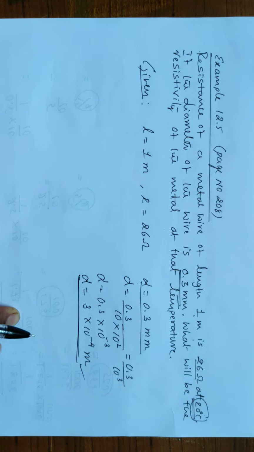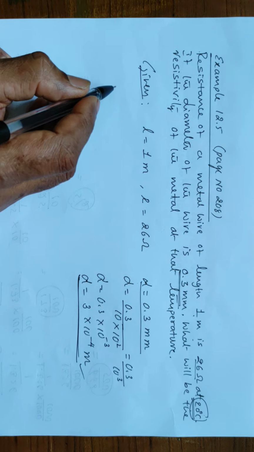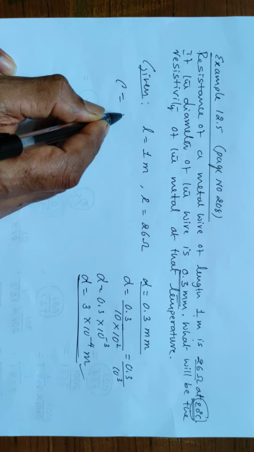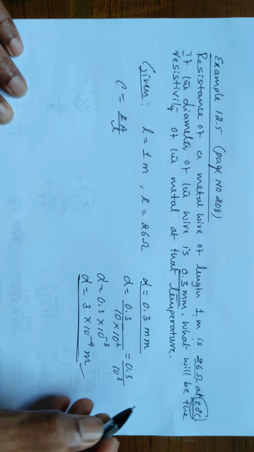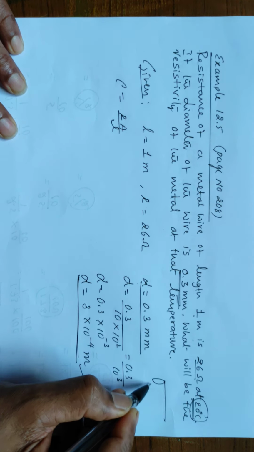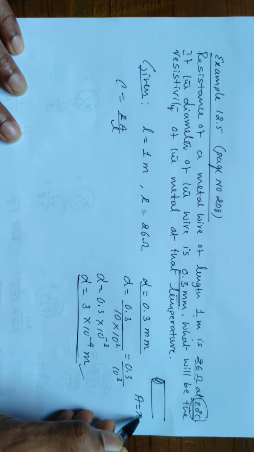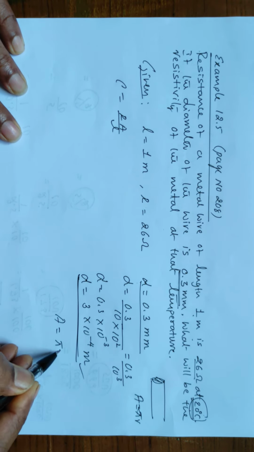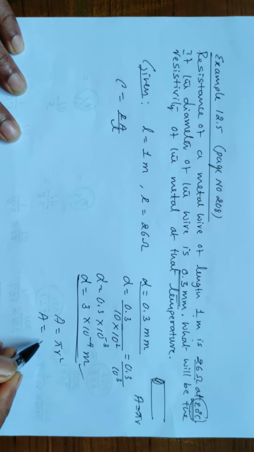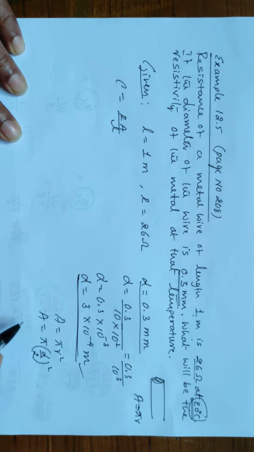Let us substitute the values in the formula. We know the formula, that is rho is equal to RA by L. Area of cross section: let me take a circular area. A is equal to pi r square. Radius is half of the diameter, so d by 2 the whole square.